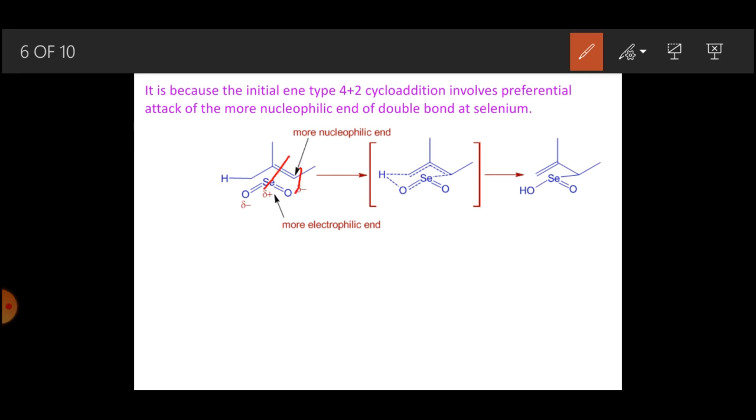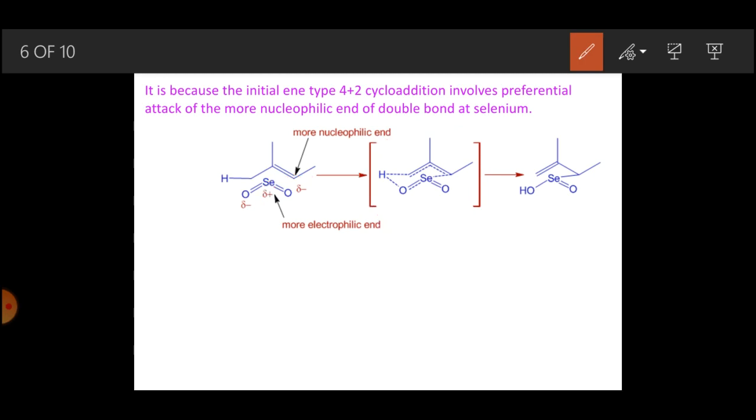And in this reaction, initially it involves preferential attack of the more nucleophilic end of the double bond at selenium. So this is the more nucleophilic end, and hence this will attack the more electrophilic selenium. Because of this, it has a favored transition state, and this simply justifies the regioselectivity.